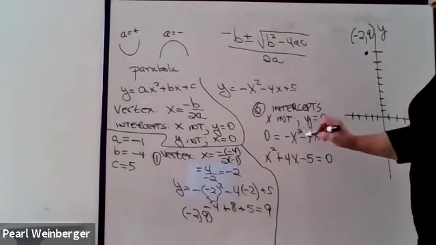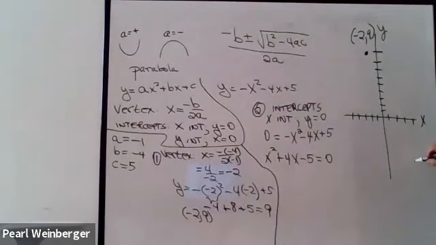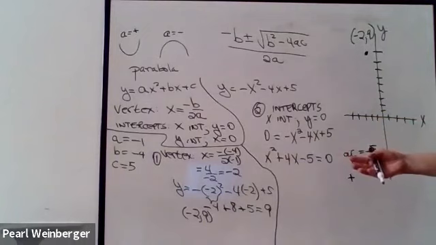And using the AC method, I think this is going to be factorable. My AC is going to be negative 5, and my B is positive 4. So I'm looking for two numbers that multiply to negative 5, which means one's going to be positive and one's going to be negative. And when I combine them, I'm going to get positive 4.